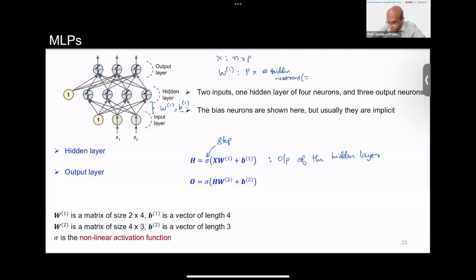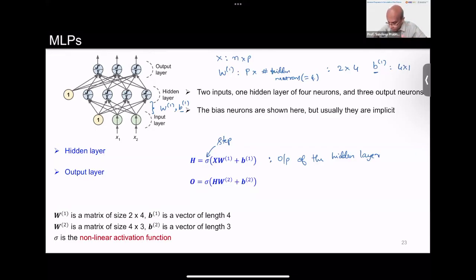In this case, we have 4 hidden neurons. So W1 is, in our case, we have 2 features and 4 output neurons, so this will be 2 times 4. B1 would be, in our case, a 4 times 1 vector. So the first layer, you already have 8 plus 4, 12 parameters to learn.